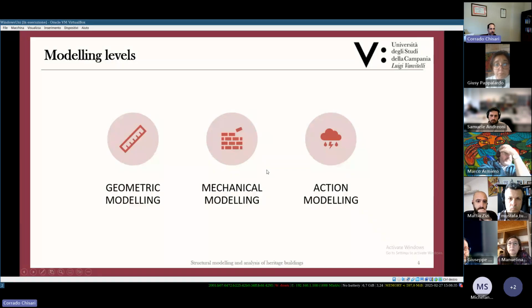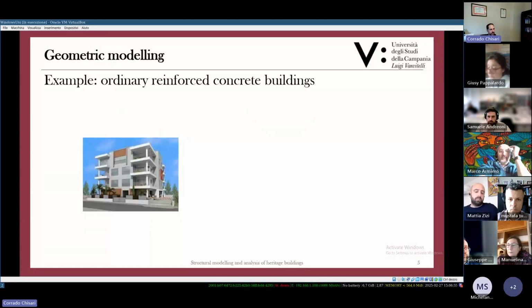So in structural analysis, we identify basically three levels of modeling. We have geometric modeling, mechanical or material modeling, and action modeling. I will briefly go through all these three levels of modeling. Firstly, let's start with geometric modeling.